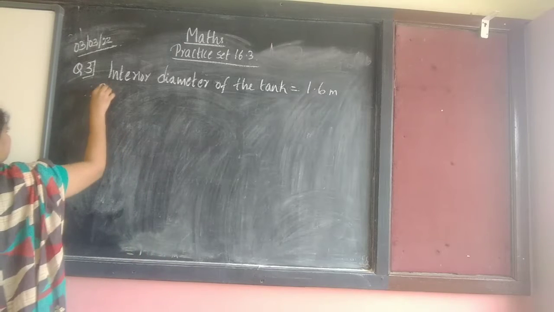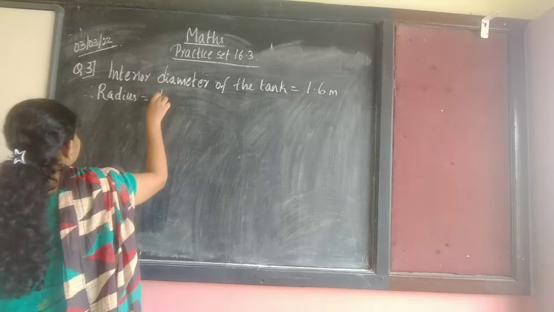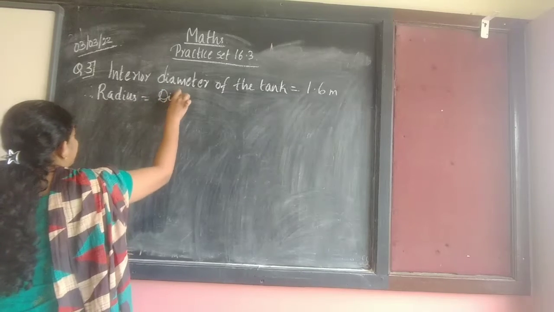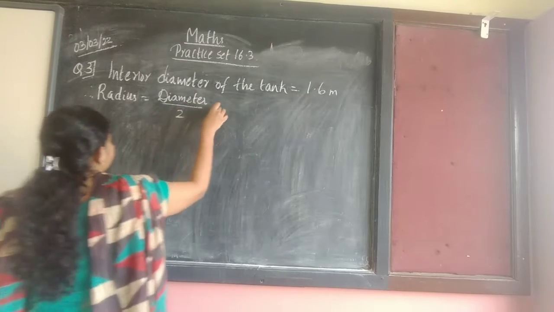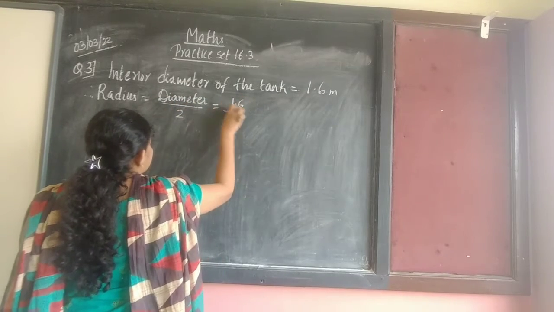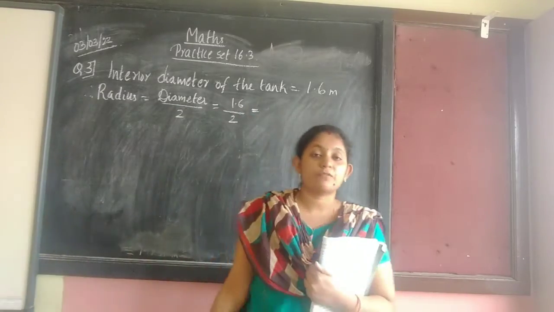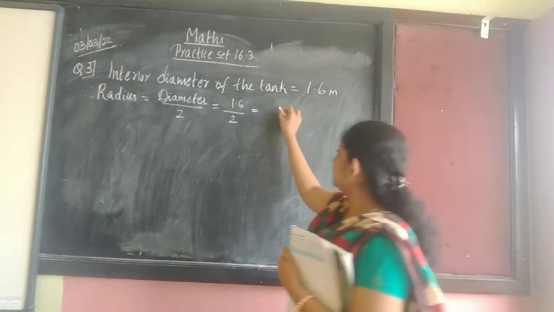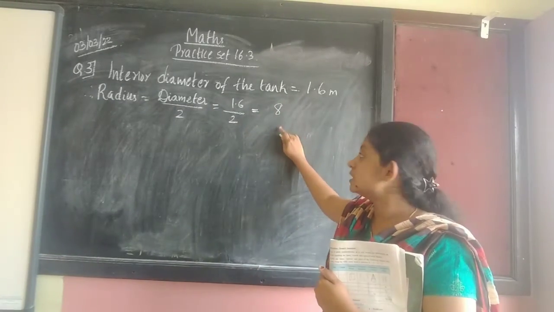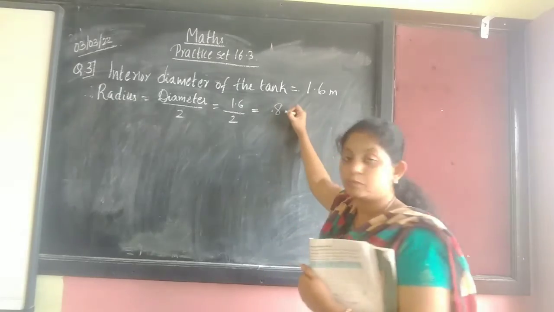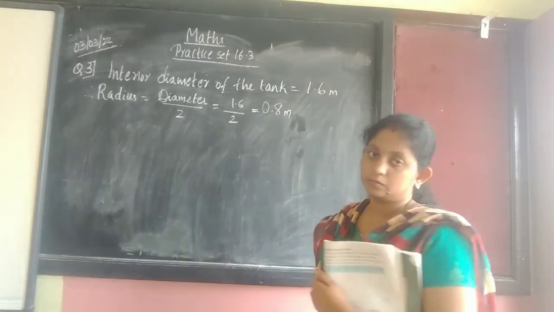Therefore, radius is equal to diameter upon 2, which is 1.6 upon 2. Consider it as 16. Half of 16 is nothing but 8. Right? And decimal point before how many numbers? 1. So before one number put a decimal point and you will put your 0. This is in meter. Okay?